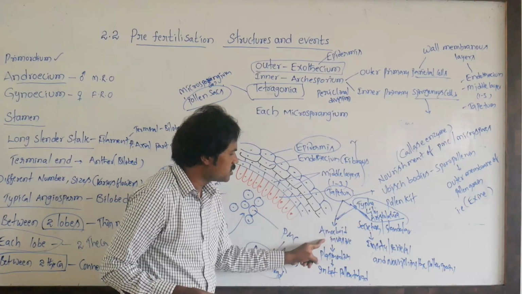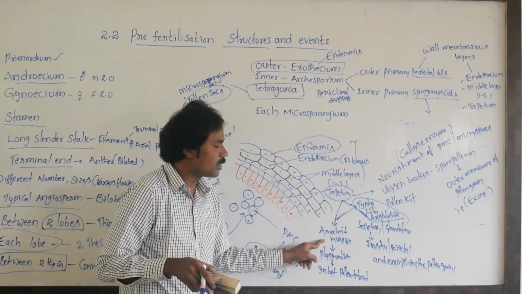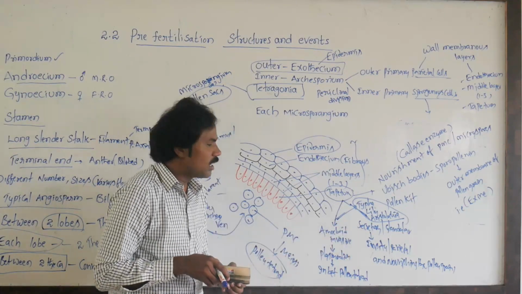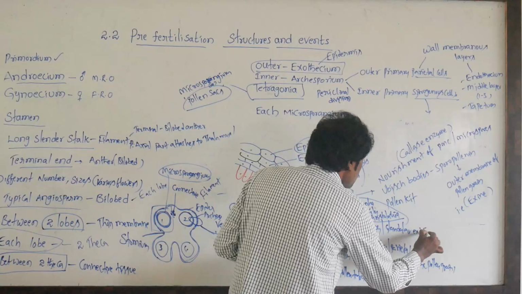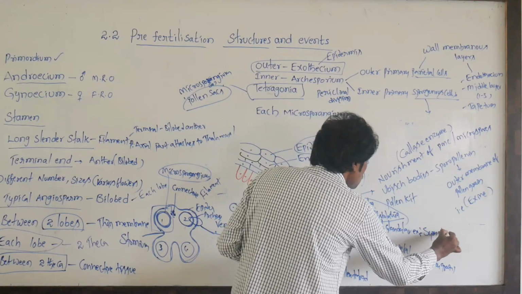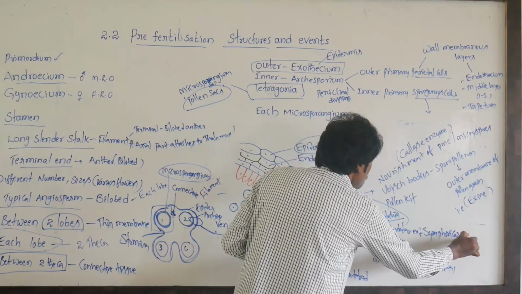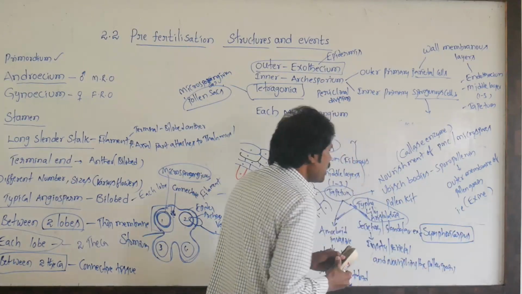Such plants have amoeboid, invasive tapetum cells, whereas secretory glandular cells are normally present in Symphoricarpos.